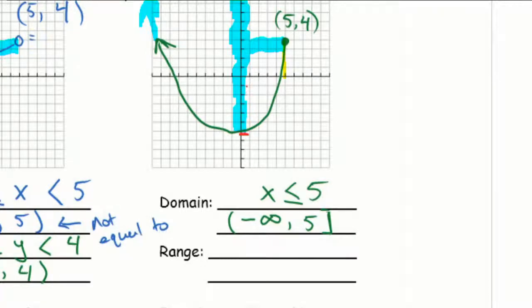So that's 1, 2, 3, 4, 5. We'll pretend it's at negative 6. So my range is going to be y is greater than or equal to negative 6. Everything's going to be greater than negative 6.